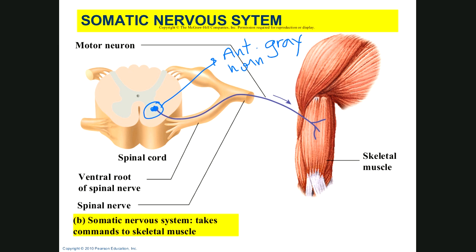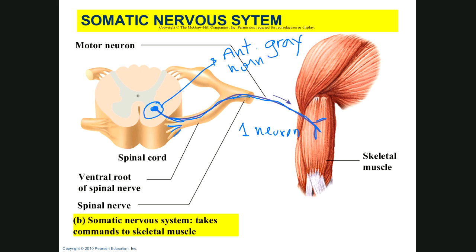The axon leaves through the anterior roots, travels through the spinal nerve, exits from in between vertebrae, and reaches the effector organ, which is a skeletal muscle. Also note that there's only one neuron accomplishing this task.